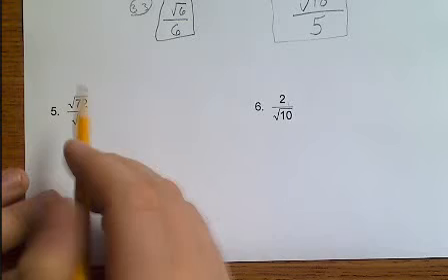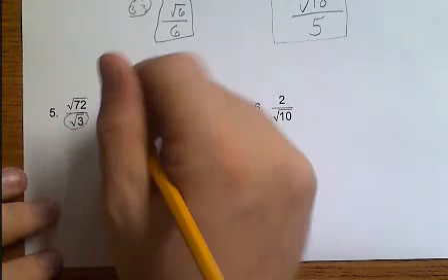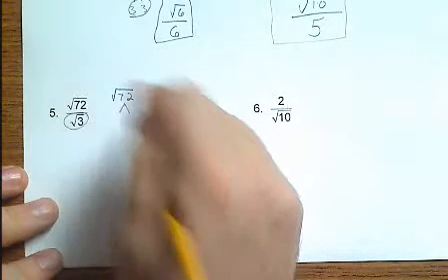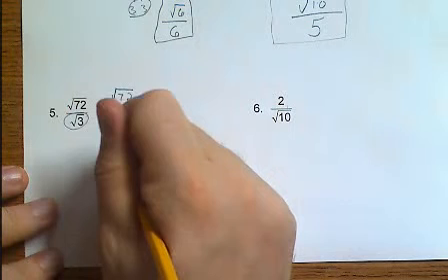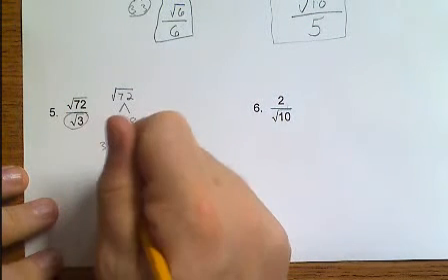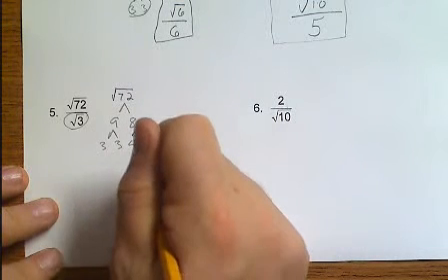Well, square root of 3, that's pretty solid. I can't mess with it. Let's go ahead and figure out the square root of 72. Well, I know that 72 is 9 times 8. 9 is 3 times 3. 8 is 4 times 2.